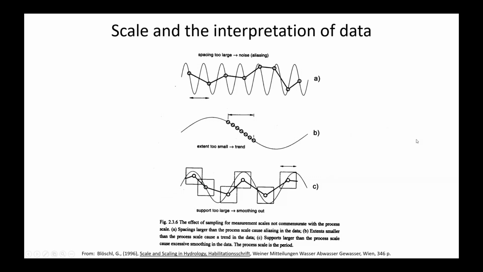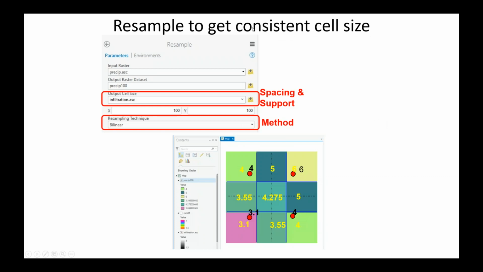So that applies in our raster calculations in ArcGIS. There's actually a way that you can control that. You can resample to get a consistent cell size. So this illustrates that as part of the calculations in ArcGIS, you can specify cell size.